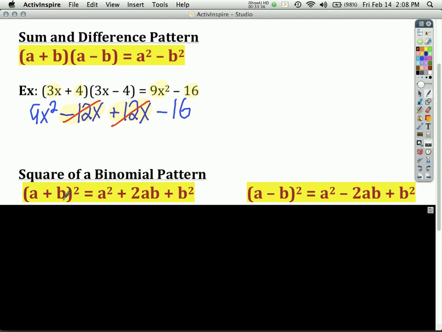If you have an expression times itself, the result will always be the square of the first term, the square of the last term, and then there's a middle term. They don't cancel each other out, but what happens is it's the same term twice. So you do A times B, and because there's two of them, you multiply times 2. Don't worry, I'm going to show you this and you'll understand.